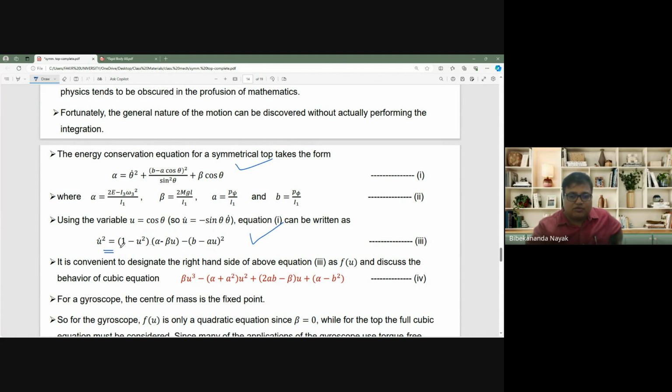If we use multiplication, left to right: 1 into alpha is alpha, 1 into minus beta u is minus beta u, minus u square into alpha is minus alpha u square, minus minus plus beta u cube.